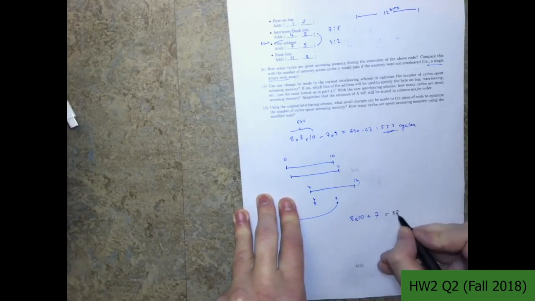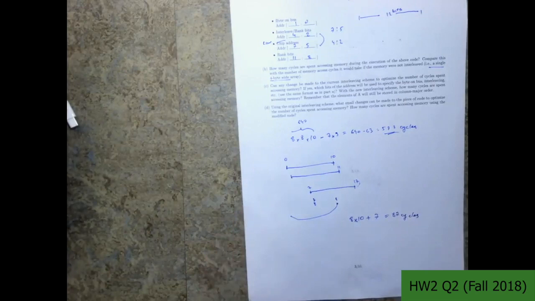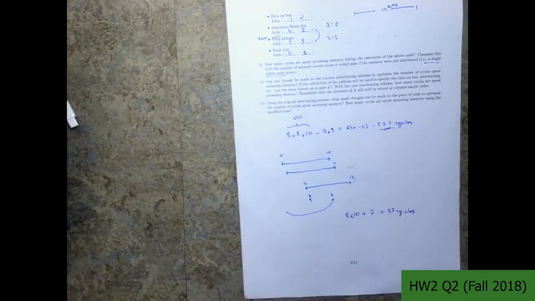And this is 87 cycles in total. Right. So just by changing the interleaving scheme, we have improved the execution time of this program significantly.